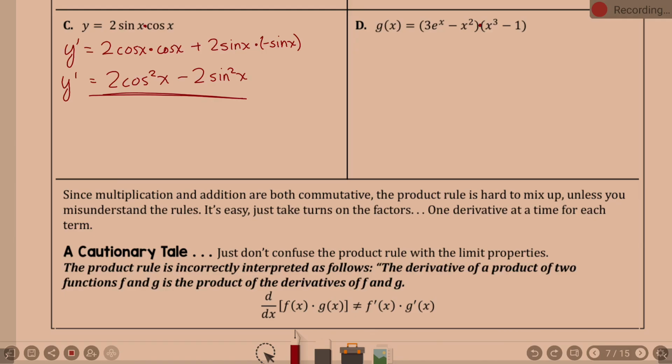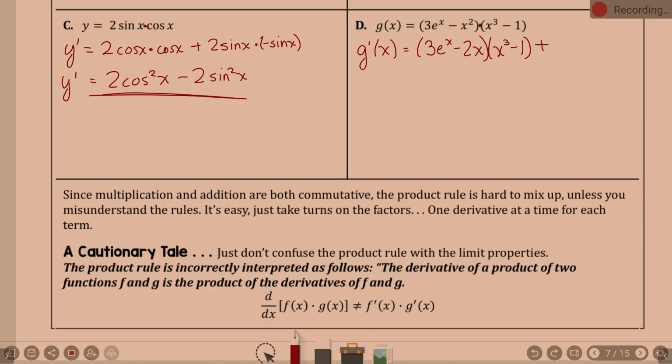Okay, so right here, we see a product happening. g of x is 3e to the x minus x squared times x cubed minus 1. So, derivative of the first. Derivative of 3e to the x is 3e to the x minus derivative of x squared is 2x, times, I'm going to keep the x cubed minus 1 as it is.